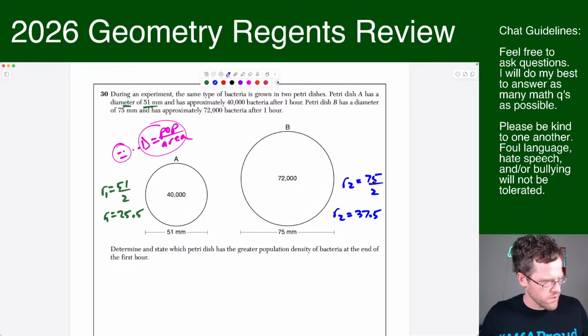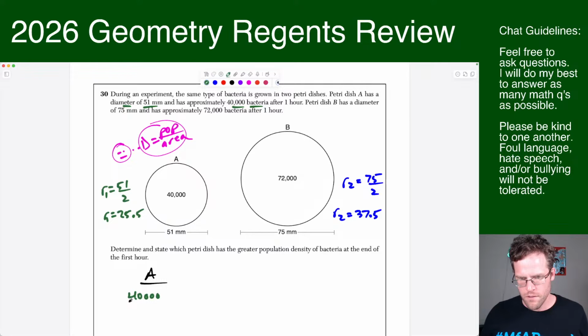So then the tricky part is, for A, we're doing population, 40,000 bacteria. That's our population. So we're doing 40,000 divided by pi r squared, because this is a circle, the Petri dish. So pi times the first radius, R1, is 25.5. So 25.5 squared is what we're dividing by.